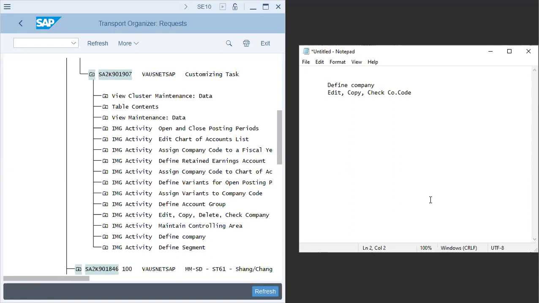And to access all this, this is in SPRO, enterprise structure and financial accounting definition. No, definition first and then definition and financial accounting. Okay.